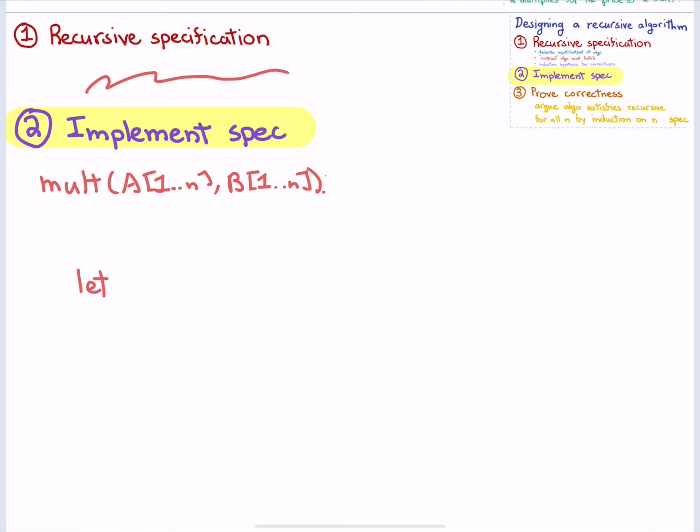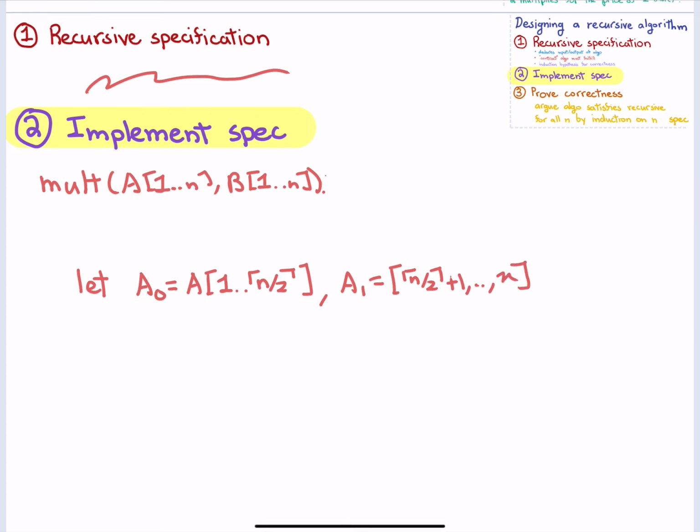So we can let A0 and A1 be this kind of thing. This represents the first half and the second half of the bits, and just make sure to round up, because otherwise sometimes people think you round down by default. Since we're starting with index 1 here, you probably want to round up. And then B would be something similar.